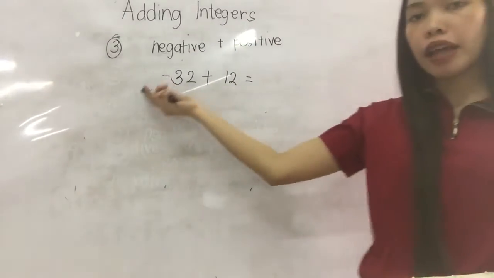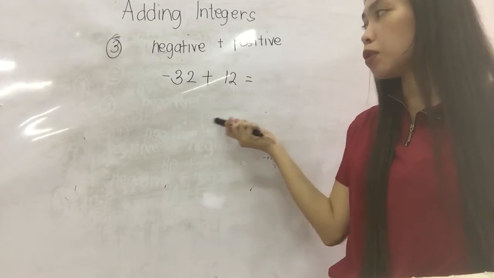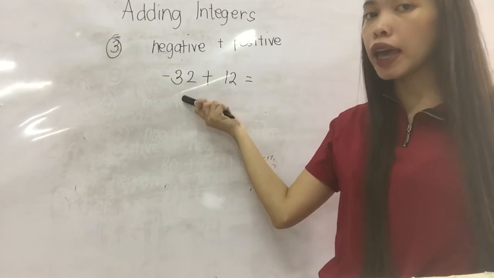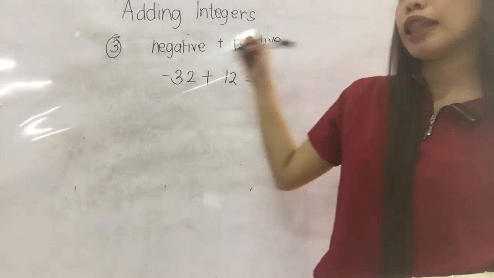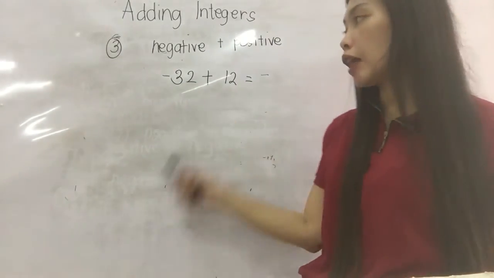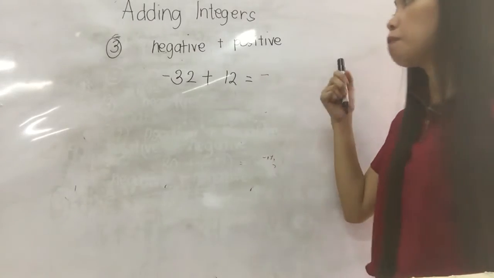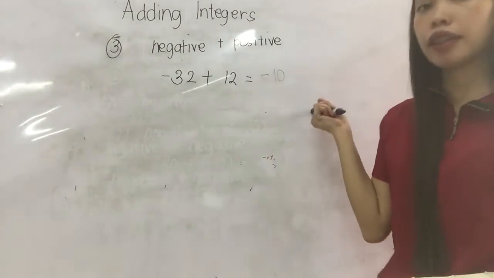Since they have unlike signs, all we have to do is copy the sign of the larger number, which is 32. 32 is negative, so our answer must also be negative. Then since they are unlike signs, we subtract: 32 minus 12, that is 10.